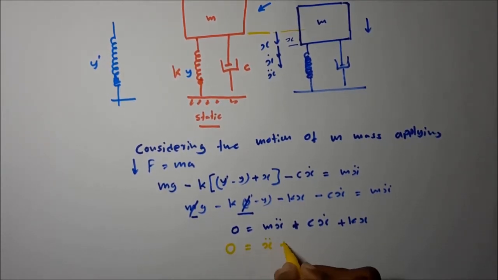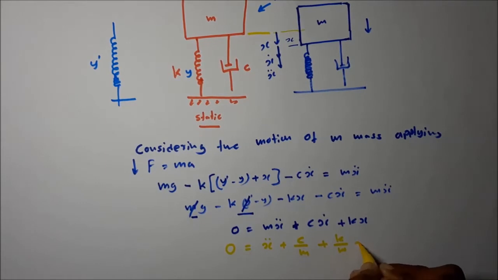x double dot plus c divided by m x dot plus k divided by m into x. Okay, this is the equation we got. Then I am going to introduce a new parameter also.